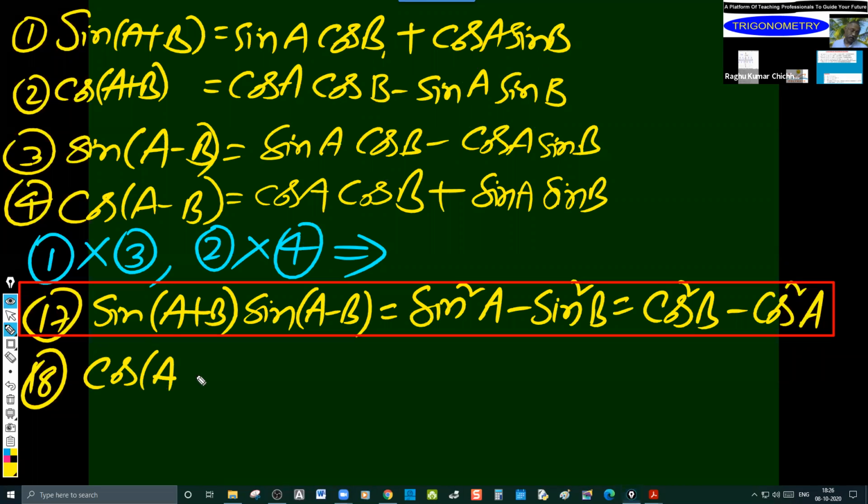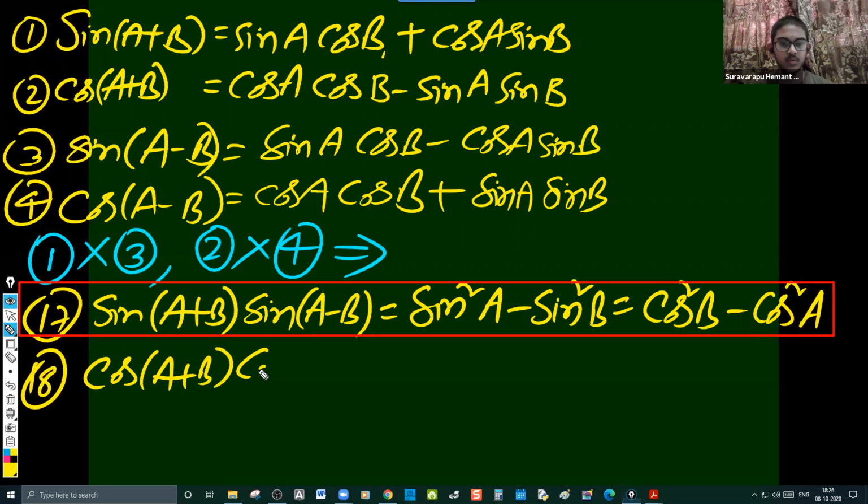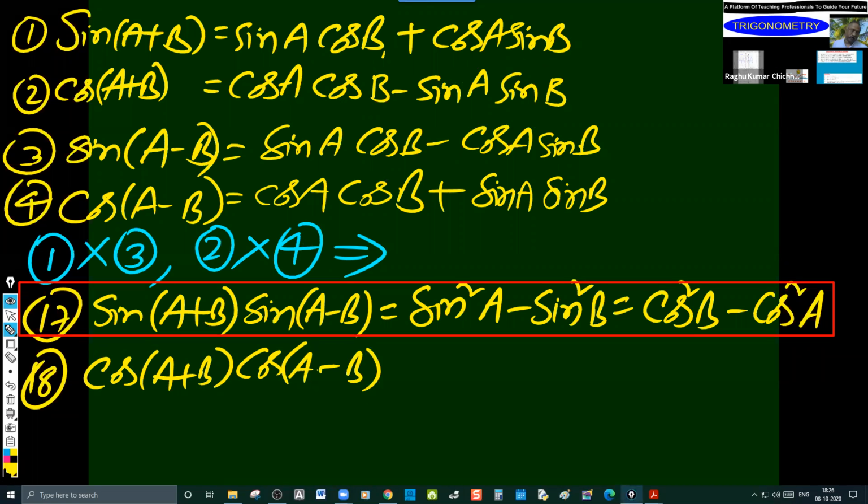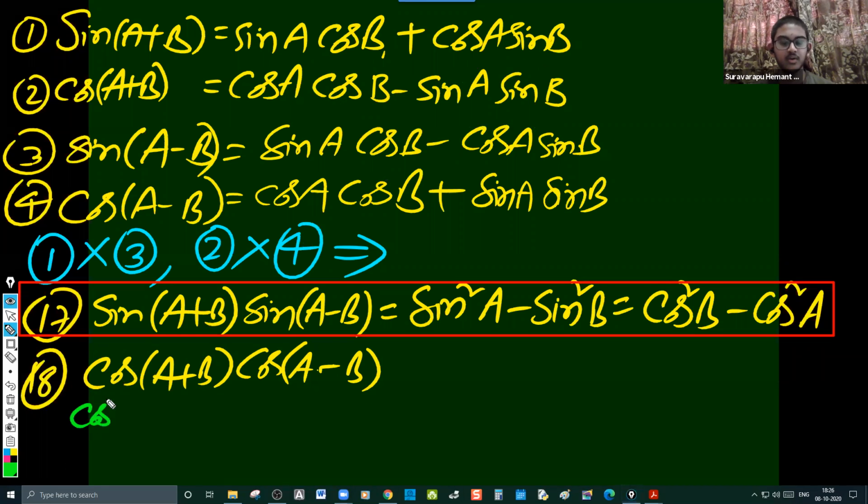cos(A+B) into cos(A-B). Let us do its working separately before writing the formula. That's cos²A cos²B minus sin²A sin²B. That's good.